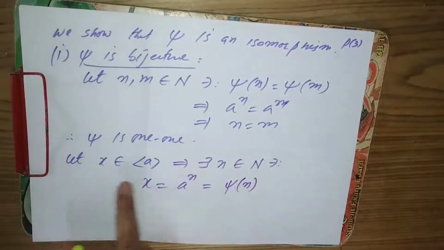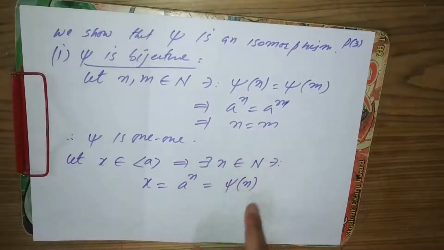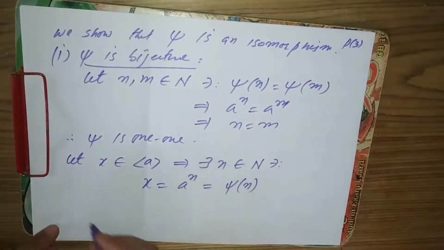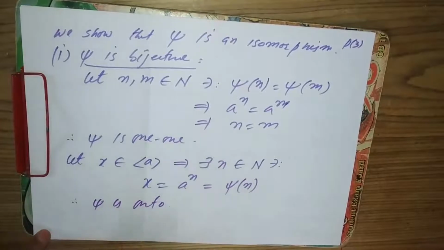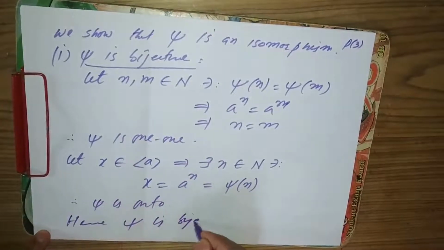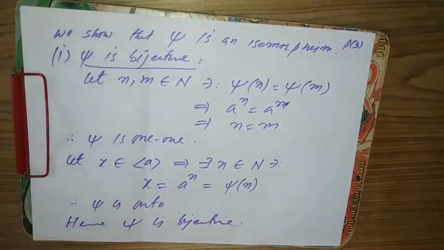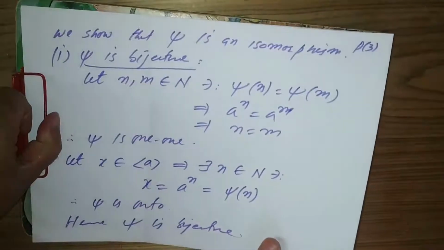Therefore for all x in this monogenic semigroup there exists n in N such that psi of n is equal to x, which proves psi is onto. Hence psi is bijective. Next we show that it is a morphism.